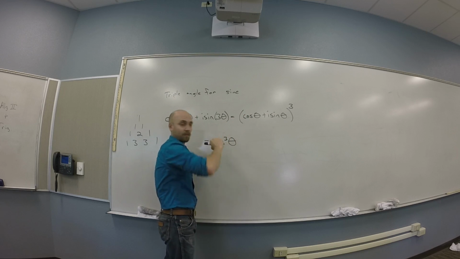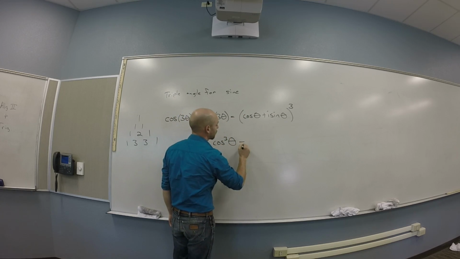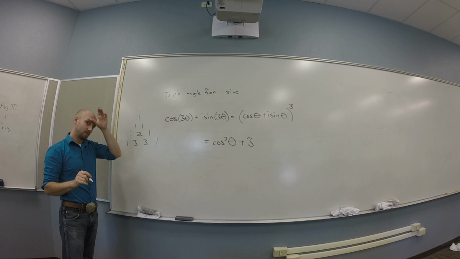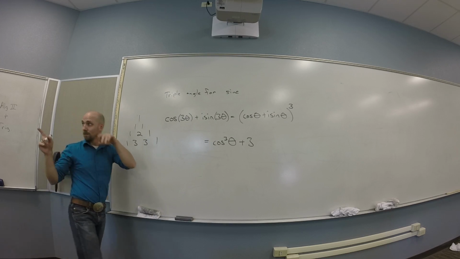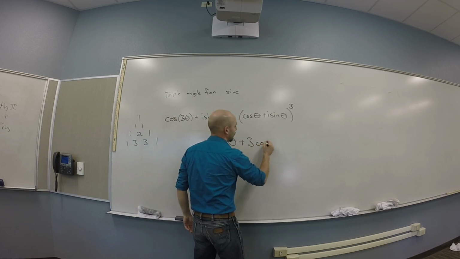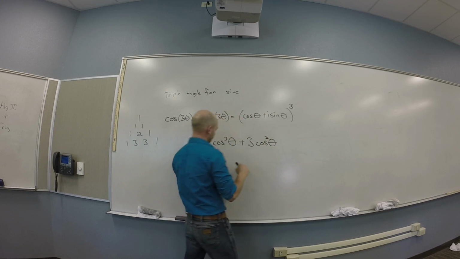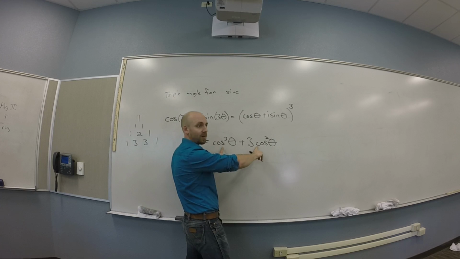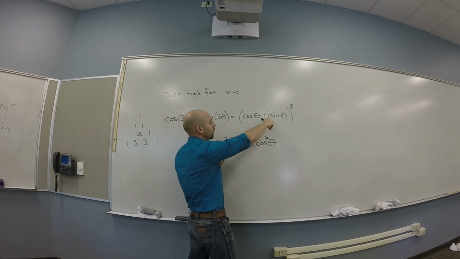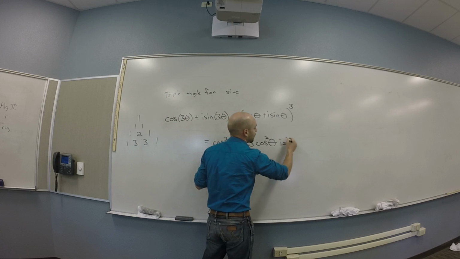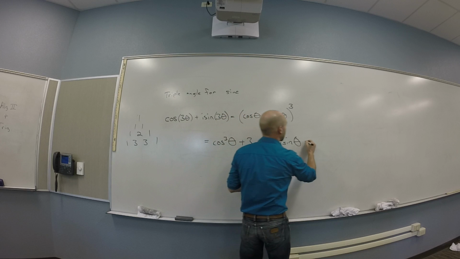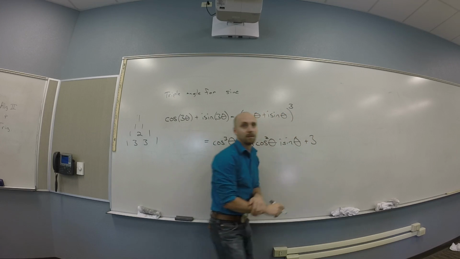Okay, and then there's going to be a plus 3, that's this 3. And then what do you do? Cosine squared theta, i sine theta. Perfect. So you move from having 3 cosines to having 2 of them, and then you need one of these i sine thetas. So that's your second term. And then your third term is a plus 3, what?